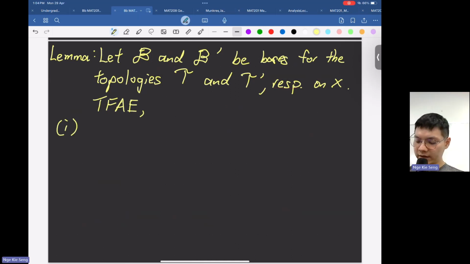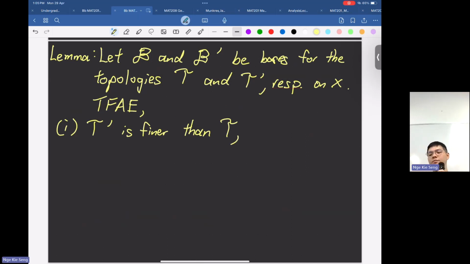First, if we say that T prime is finer than T, recall what does this mean? T contains T prime or T prime contains T? T prime contains T. So this is what finer means.